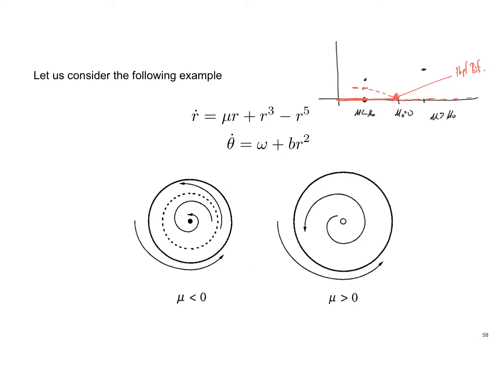And then we have a stable limit cycle. Okay, let me put this arrow in black so it is not confusing. So you can see already that this is a dangerous situation. We have a subcritical bifurcation.